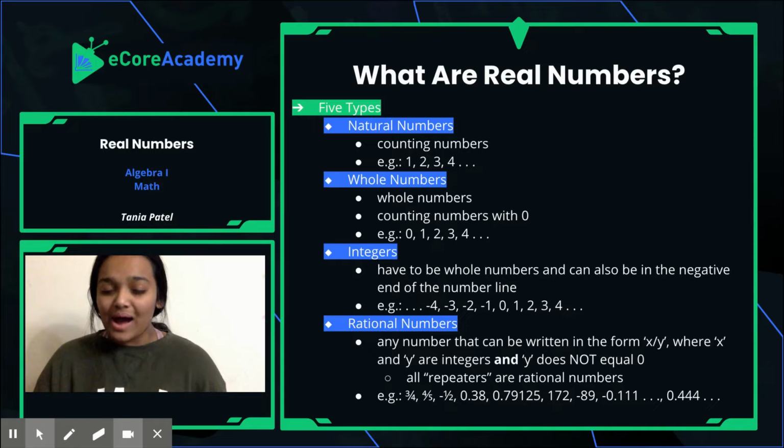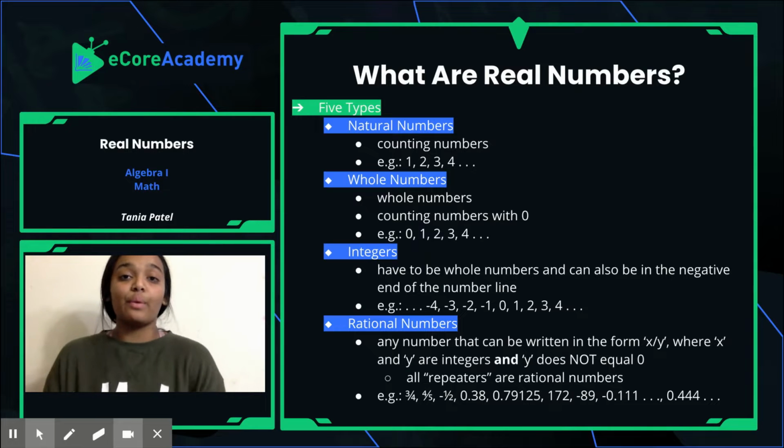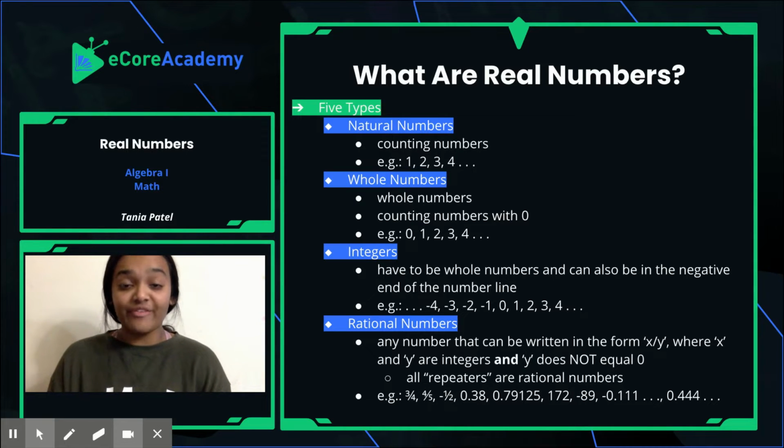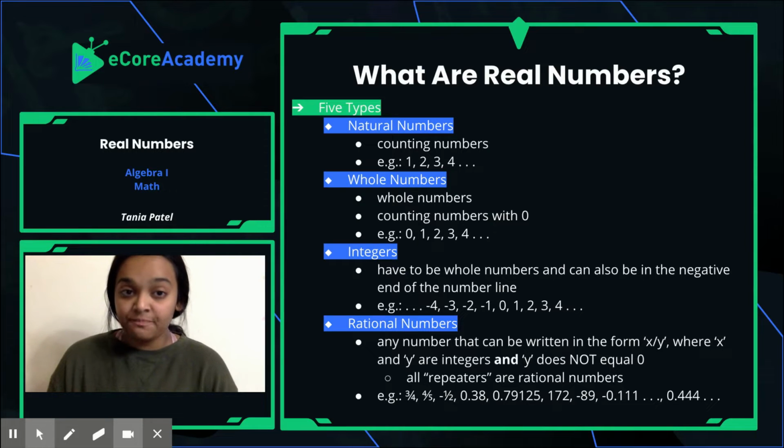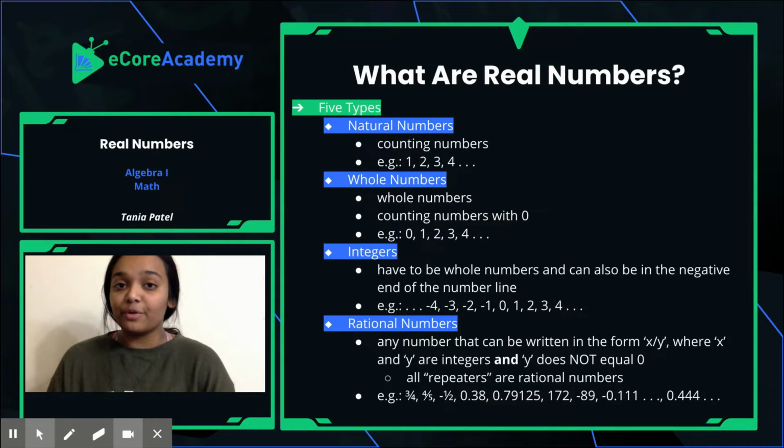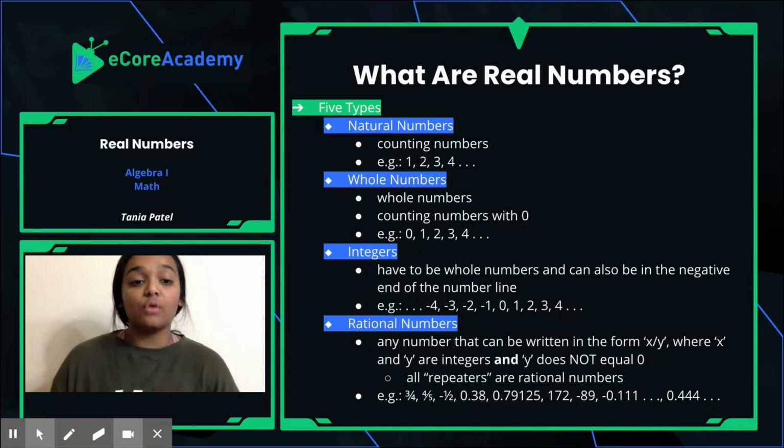If you may be wondering why y should not equal 0, when the denominator of a fraction is 0, the value of the fraction will be undefined. Therefore, it will be a non-real number, which is the opposite of real numbers, kind of against this whole point. So that's why when a number is written in the form x over y, y has to not equal 0.